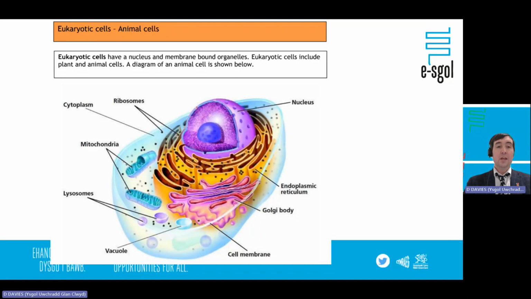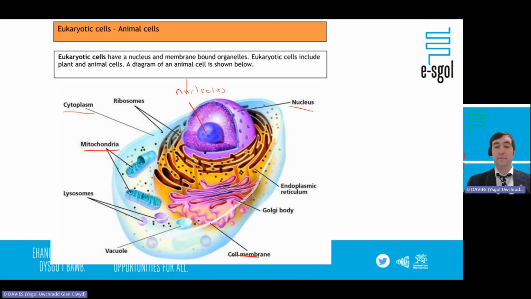Mitochondria, you probably remember. The cell membrane, the nucleus, the cytoplasm, you remember. But now we have other things as well: your ribosomes, and your nucleolus, which is not labeled there.